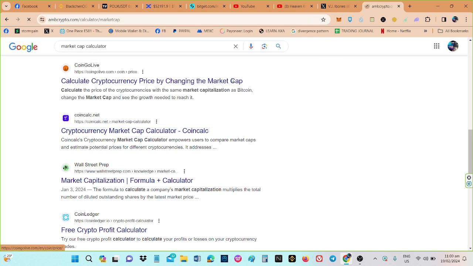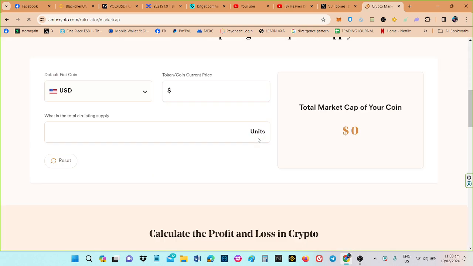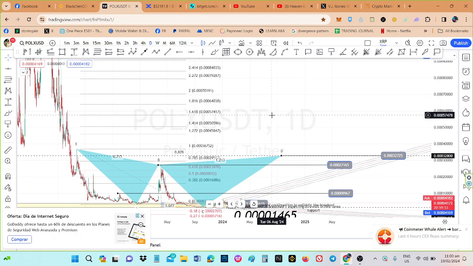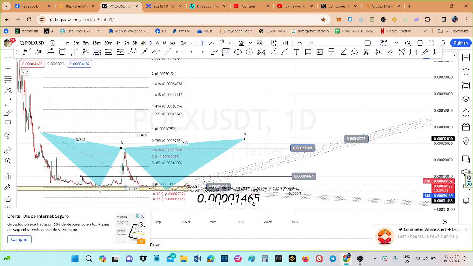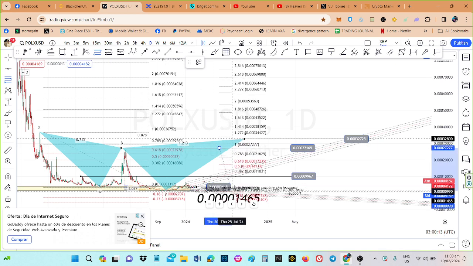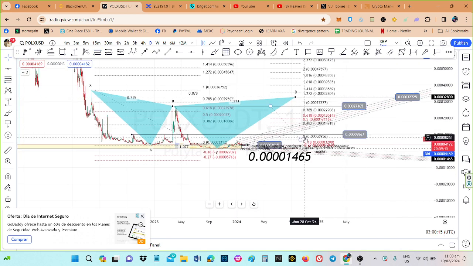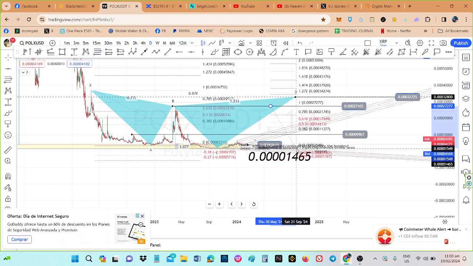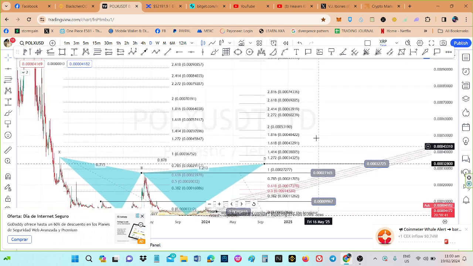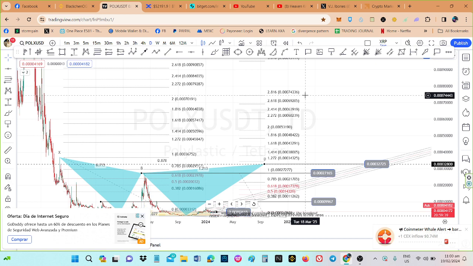Let's try to compute how much market cap we need to push the price to this level. Let's check if we can really hit the projected D leg. So let's check the projected D leg.